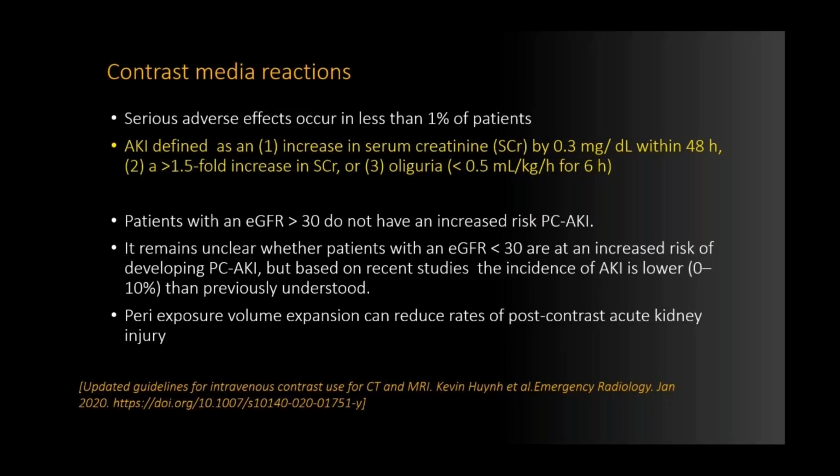So this is how AKI is defined. It remains unclear whether patients with an eGFR of less than 30 are at an increased risk of developing post-contrast AKI. But based on recent studies, the incidence of AKI is lower than was previously understood. Of course, peri-exposure volume expansion can reduce the rates of post-contrast acute kidney injury.